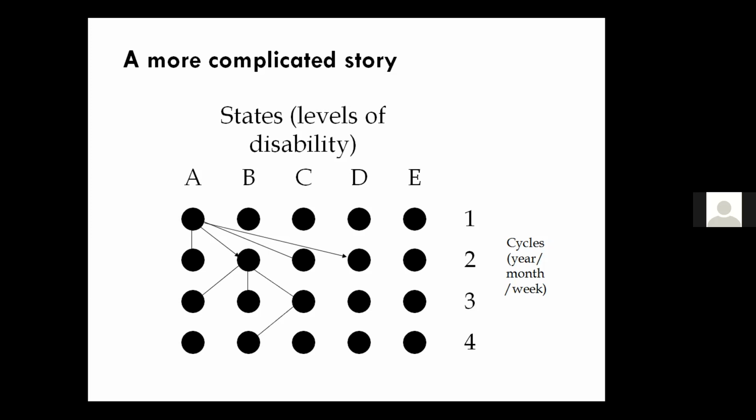And then again from C, some people will be better. Those who are under ventilation, for example, C probably is under ventilation, they will be out of ventilation and go back to B, but still not perfectly cured.